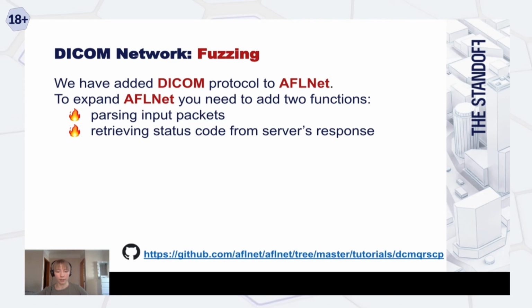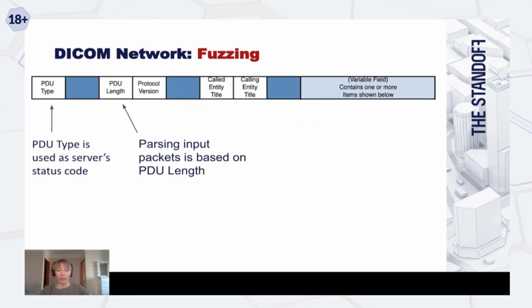To expand this, you need to add two functions: parse input packets, and the second, to retrieve status code from the server's response, and it will be used for further mutations. By request, I did the official repository of AFL.NET. It was merged, and you can also use AFL.NET for fuzzing this DICOM protocol.